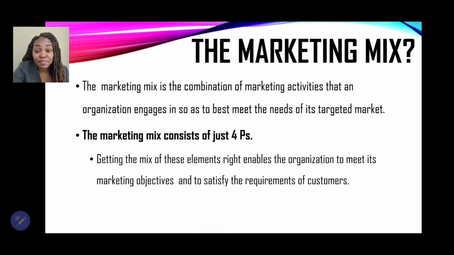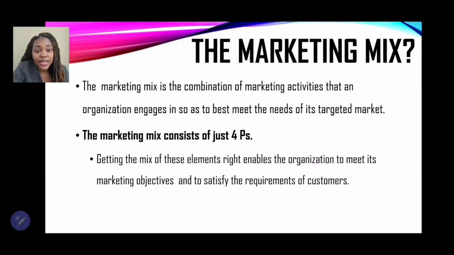Now, the marketing mix consists of 4 P's, right? Now, getting the mix of these elements right enables the organization to meet its marketing objective and to satisfy the requirements of the consumer, right?